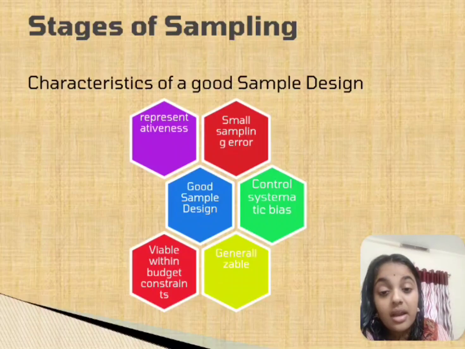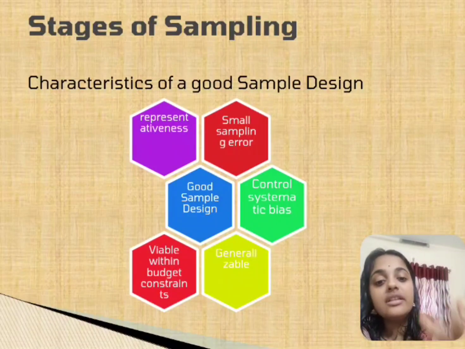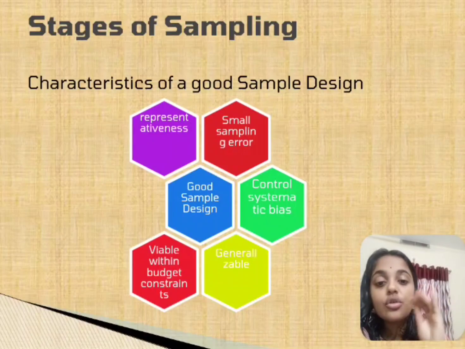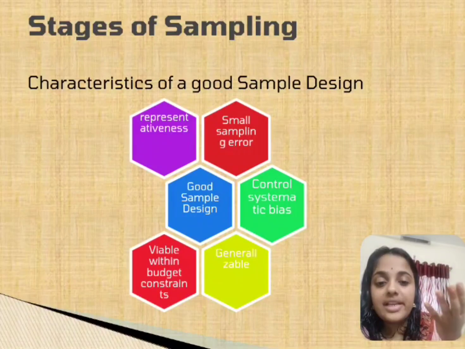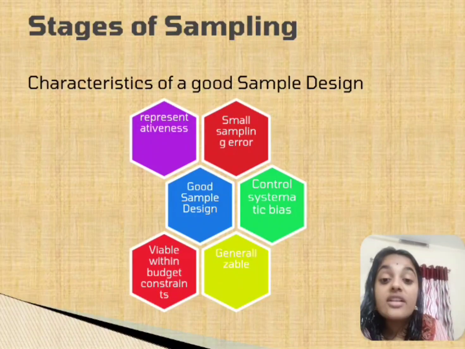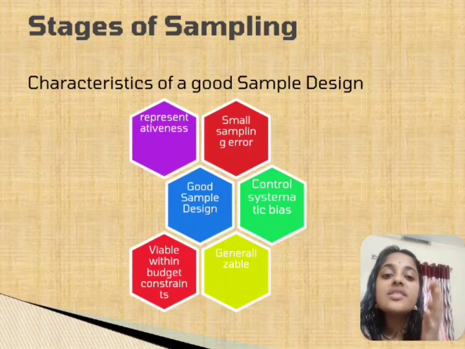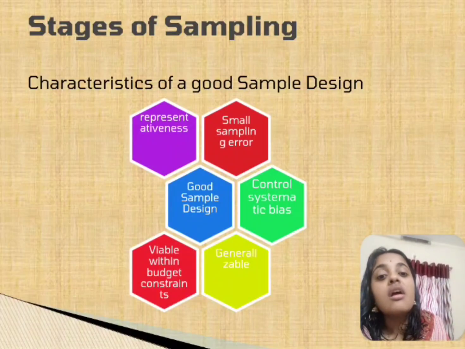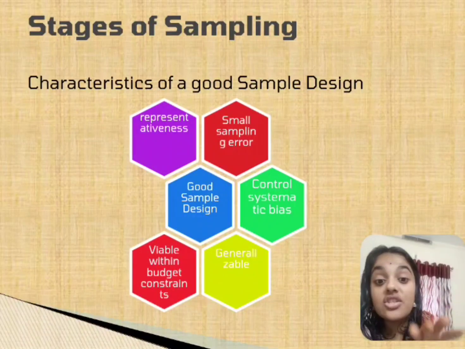Now, generalizable. The findings that we derive from the sample should be generalizable. They should be applicable to the whole population. It should also be viable within the budget constraints. We have to select a sample design which agrees with the financial constraints.